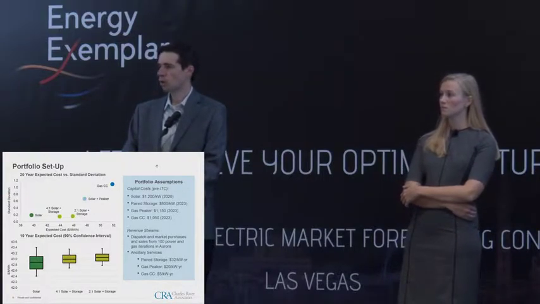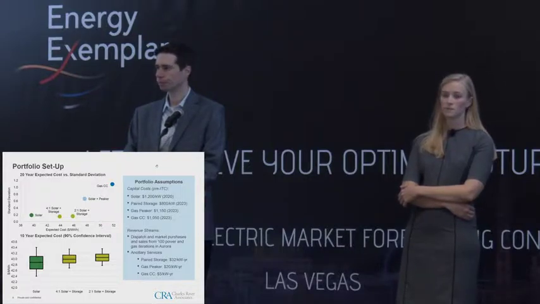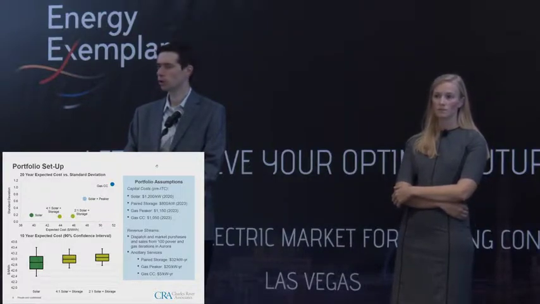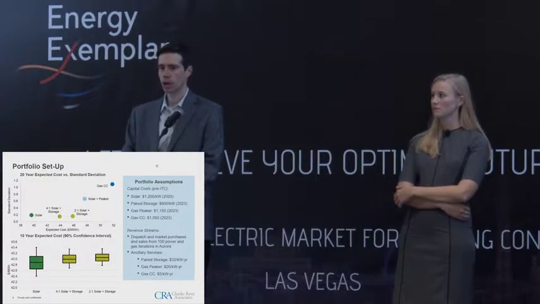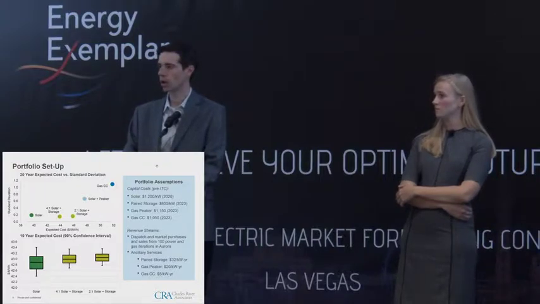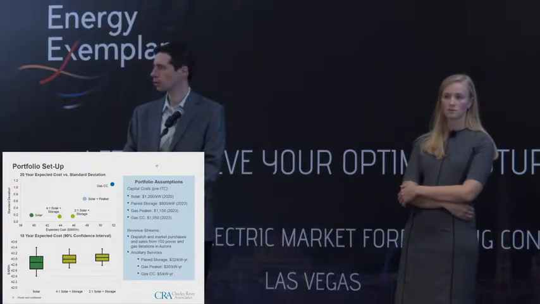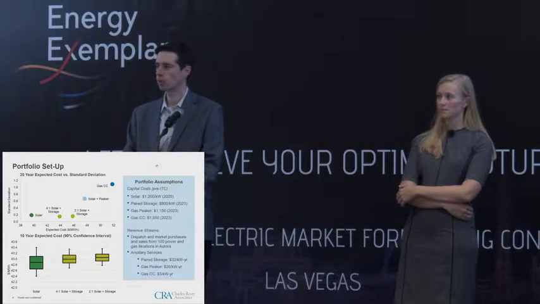But from a portfolio assumptions point of view, this particular case study was assuming additions of solar or gas in 2020, and the cost profiles on a dollar per kW basis are over to the right. So that would be pre-tax credit for the solar resources, a $1,200 per kW type planning number.